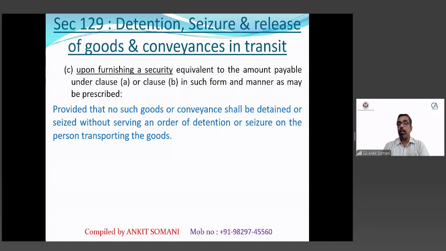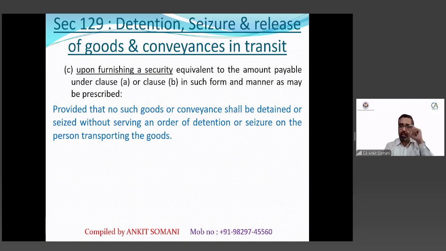Now, what if the owner makes payment of the penalty with a view that he is going to fight the case at a higher level, or go to the appellate authority? Correct.